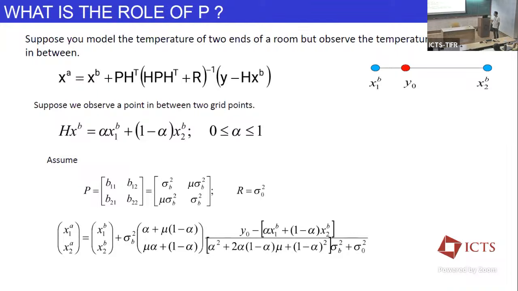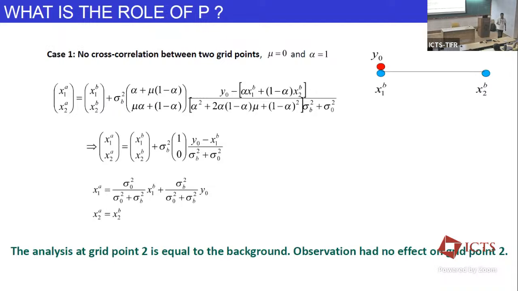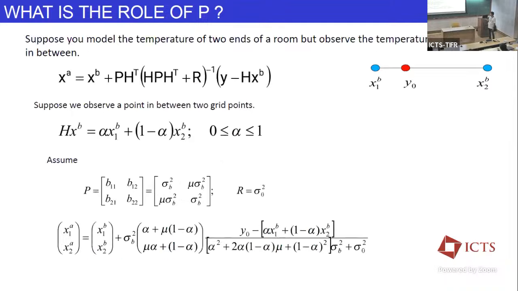Now let's say that the model has independently estimated the temperatures of these two walls, which means there is no correlation between this wall and that wall. In that case, this cross correlation is 0, right? Your off-diagonal elements will be 0 because the dynamics of this wall does not affect the dynamics of that wall.